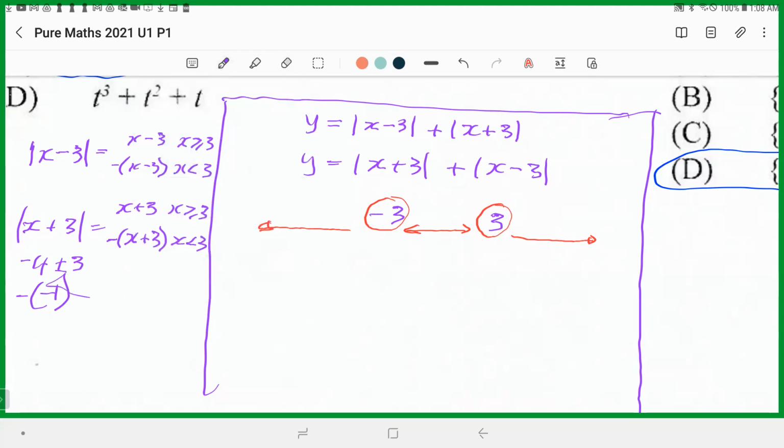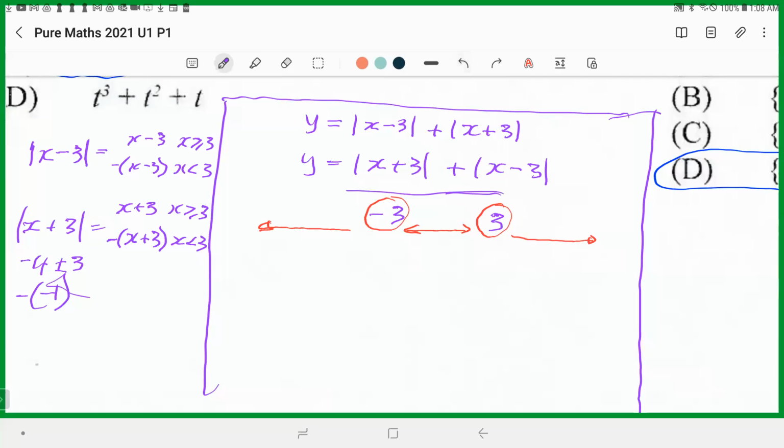So what does that mean now? Look how we want to put that together. This negative 3 is the critical value for that, and that's why I switched them around. I want to put each function over its critical value, because I know that to the right of the critical value, the function stays as it is, but to the left of it, the function becomes the negative of itself.